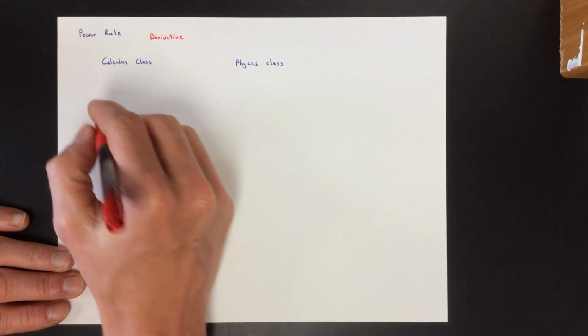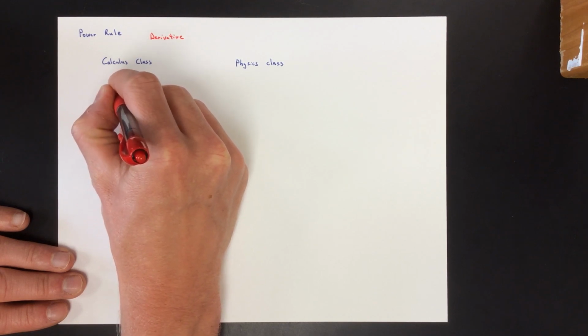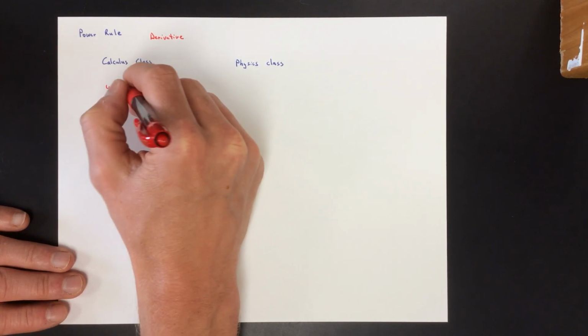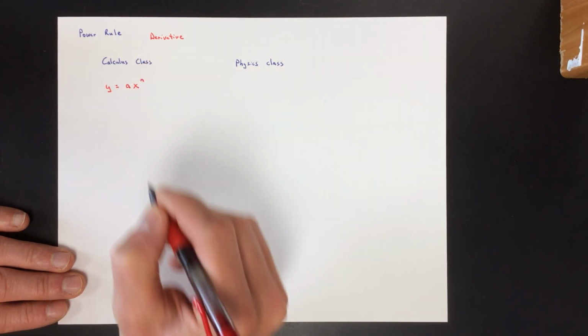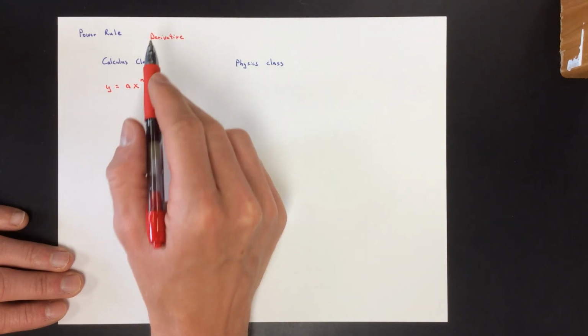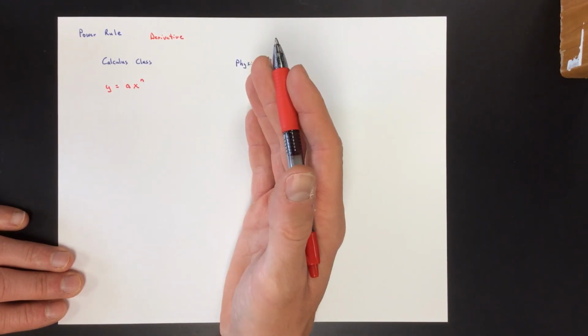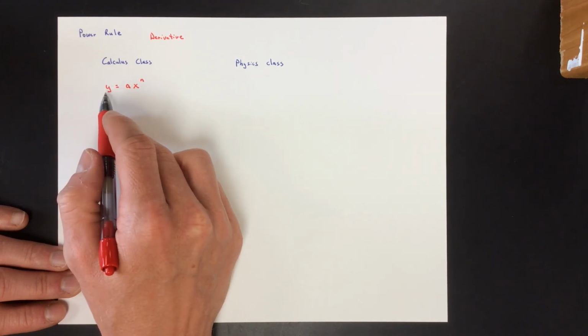In a calculus class, we're going to give you some function, and we'll just use y. So y might be some number a times x to some power n. And if we want to find the derivative, meaning we want to find an equation for the rate of change, so we want to find the slope of y.